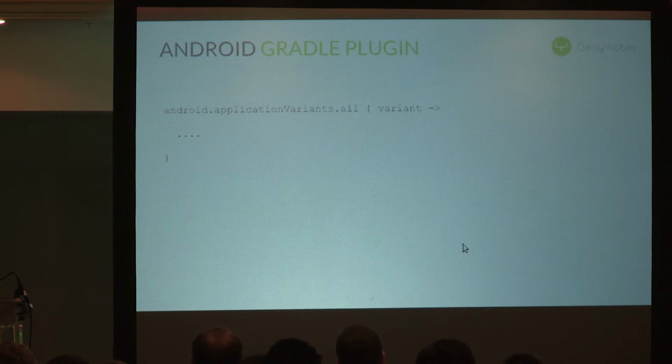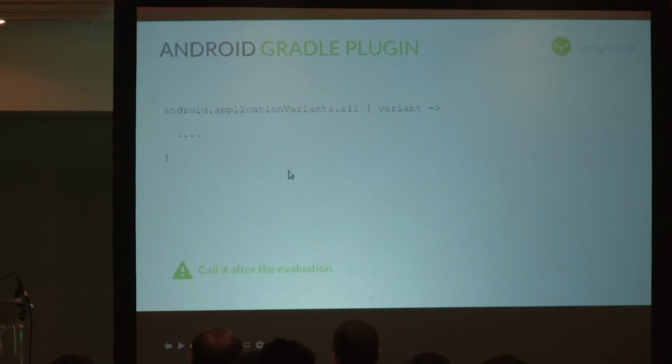How do you call them? That's quite easy. You call the Android extension, then application variant, then the all method. It opens a closure where you have the variant that is enumerated, and then you can do your stuff inside. That's what we are doing basically.